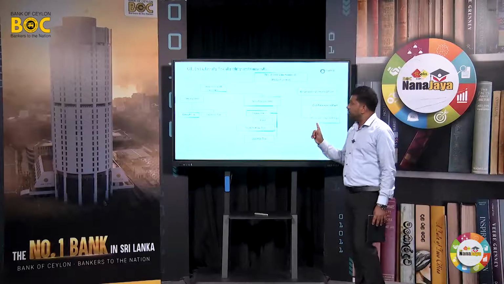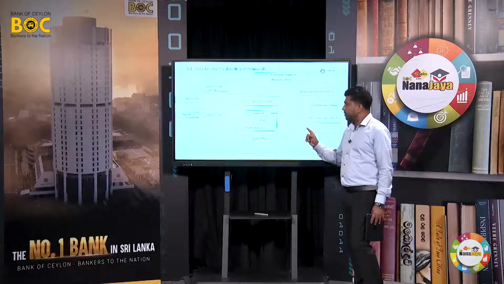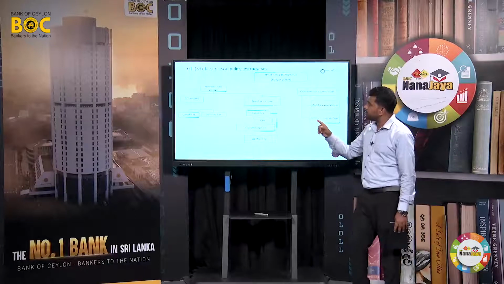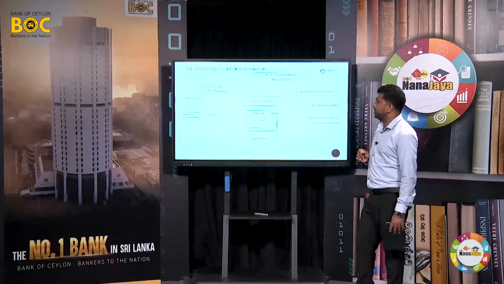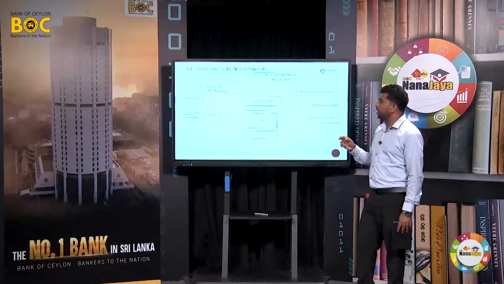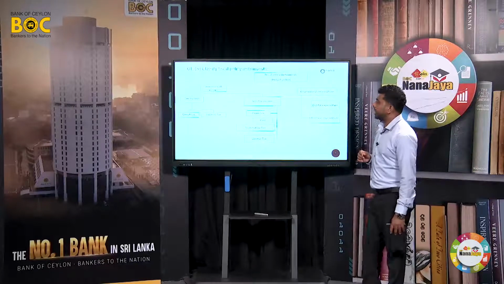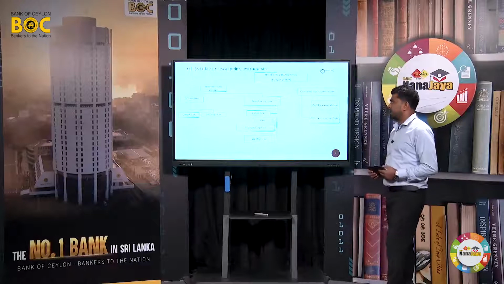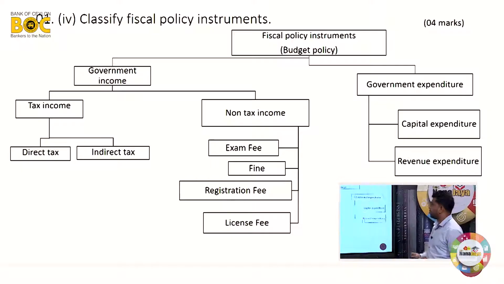Government income can be divided into two parts as tax income and non-tax income. Tax income we can divide again into two parts as direct tax and indirect tax. I have given some examples for non-tax income: exam fee, fine, registration fee, license fee.